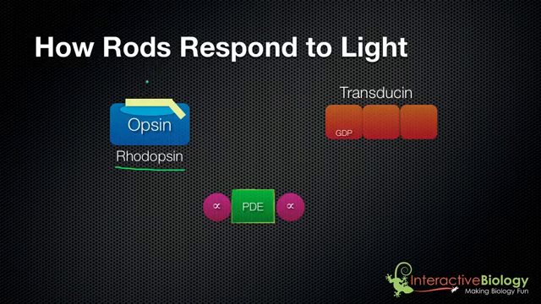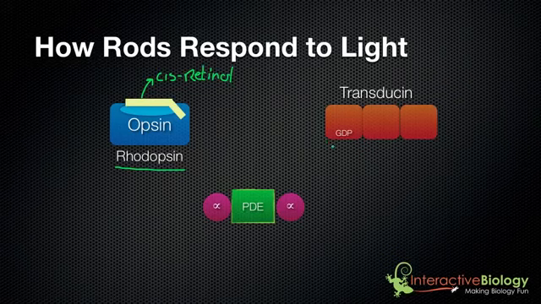And the specific form we have here is the cis form, so it's called cis-retinol. Now, retinol is basically a slightly processed version of vitamin A. This explains part of the reason why vitamin A helps with vision. So here we have cis-retinol and opsin, and together that makes up rhodopsin.